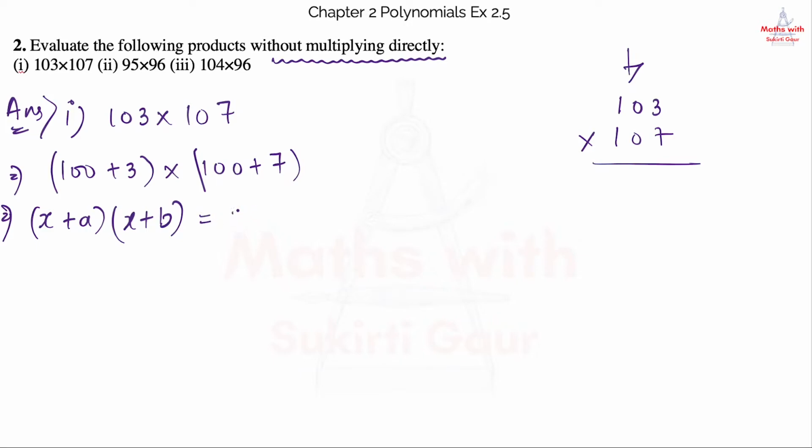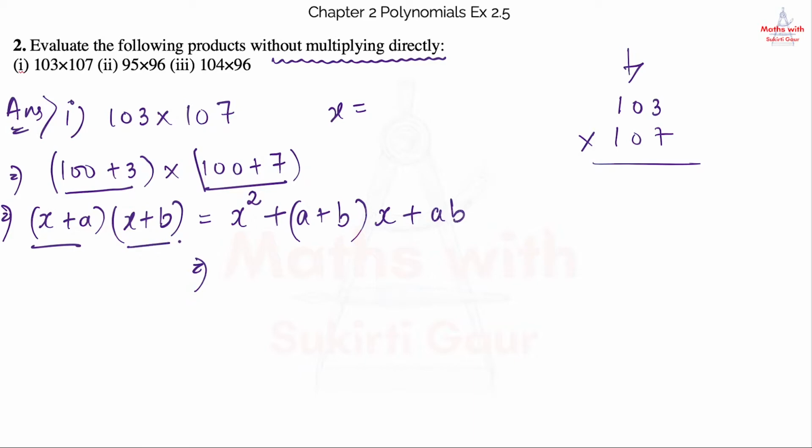Now what is the expansion? x square plus (a plus b) into x plus ab. So what is our x in the formula? If we compare these two brackets with these two, we have x as 100, as a we have 3 and as b we have 7. So these are all the values.